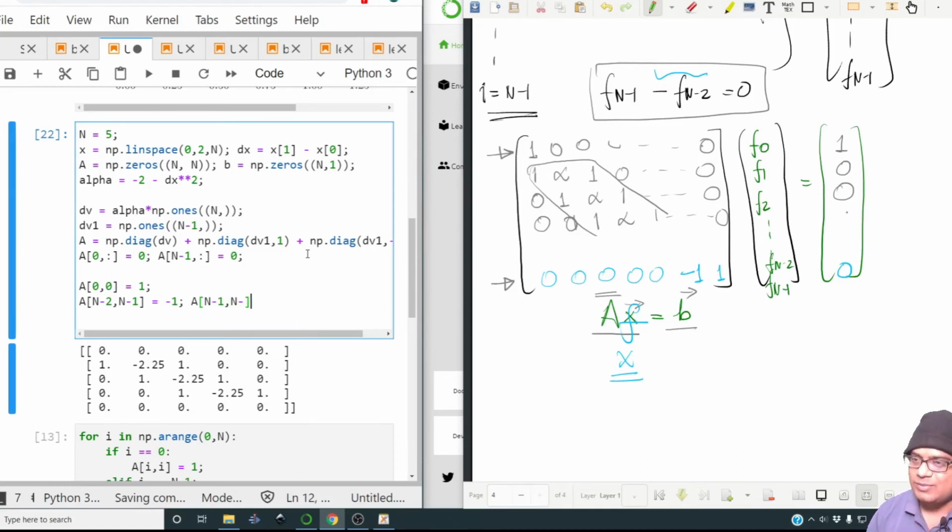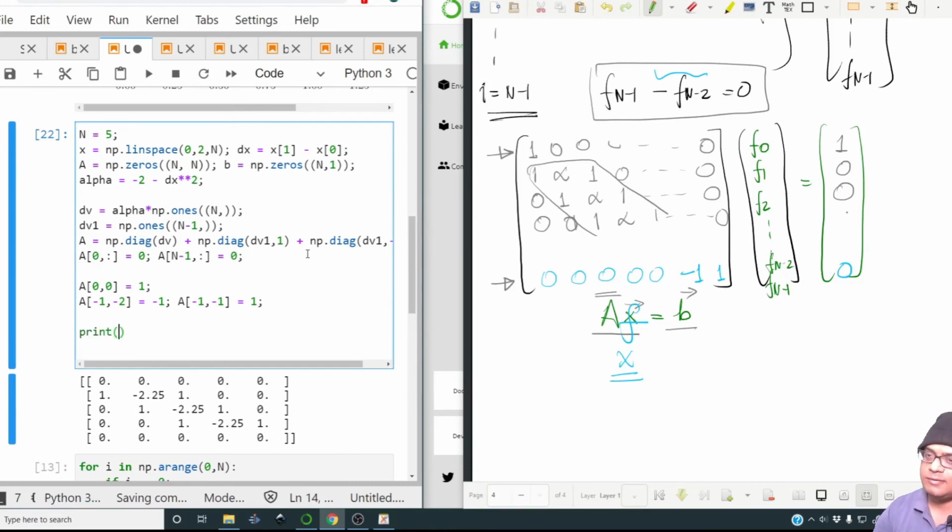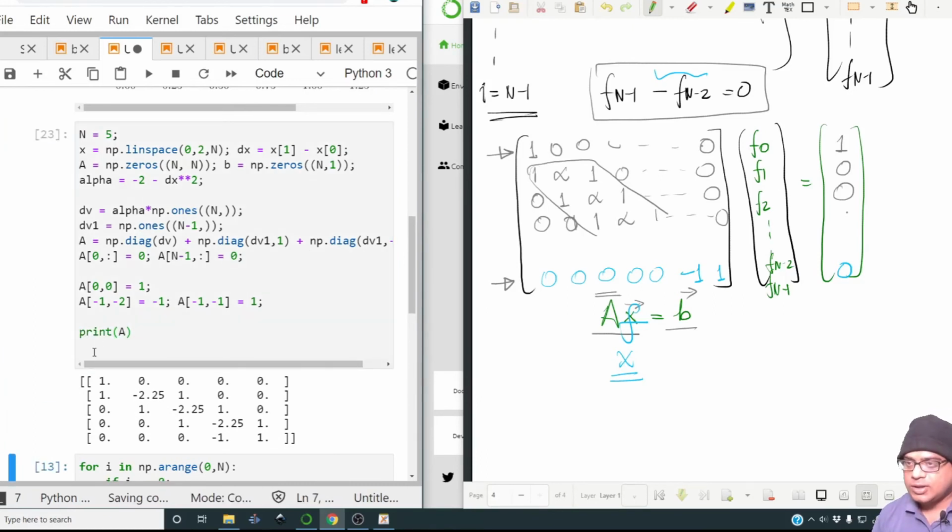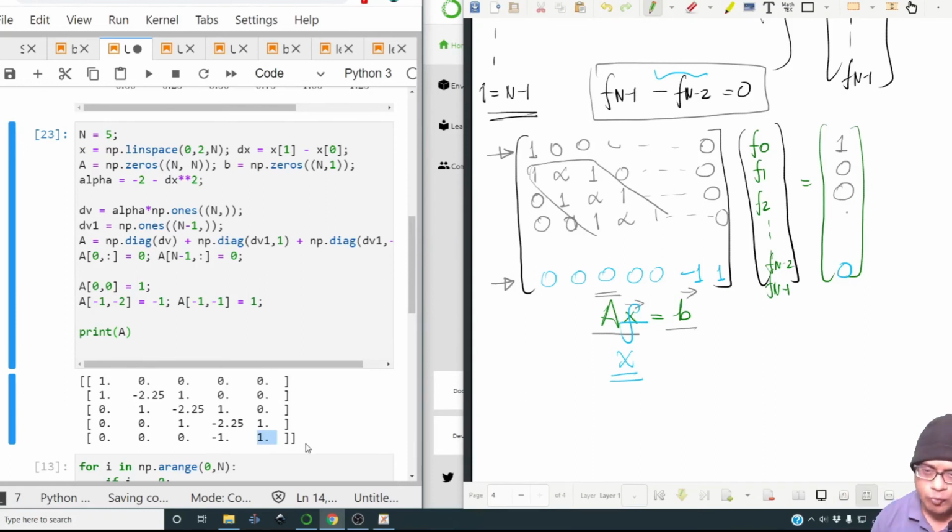We don't need to write n-1, I'm just being silly over here, because we can simply write A[-1, -2] equal to -1 and A[-1, -1] equal to 1. We saw in the very beginning that -1 is the same as n-1. Let me in fact print A and convince you. So A[0, 0] has been set to 1, A[-1, -2] has been set to -1 and A[-1, -1] has been set to 1.